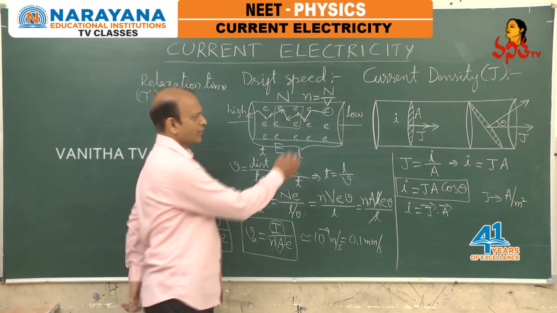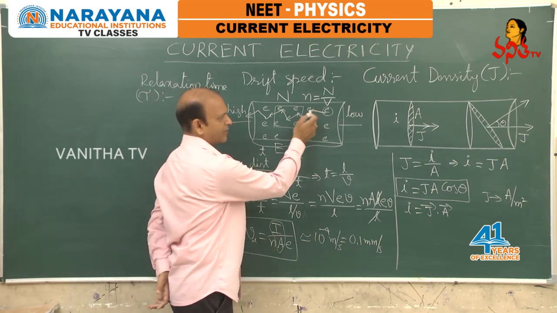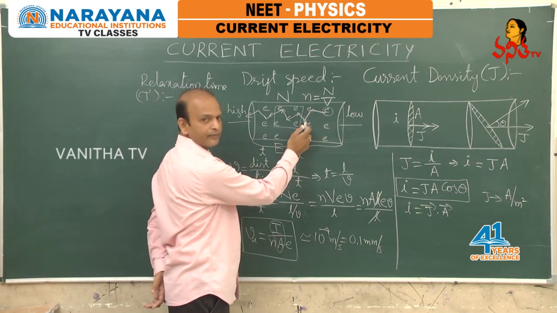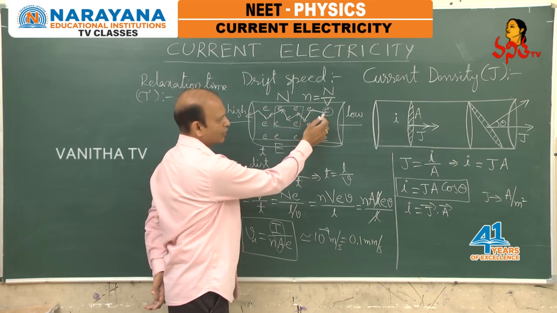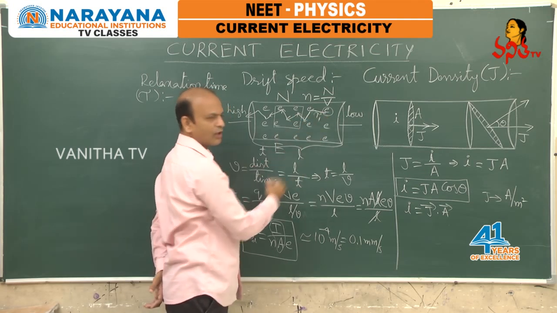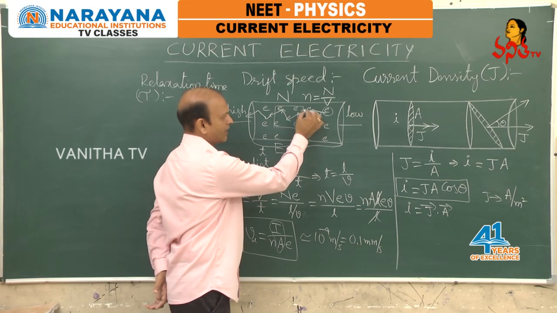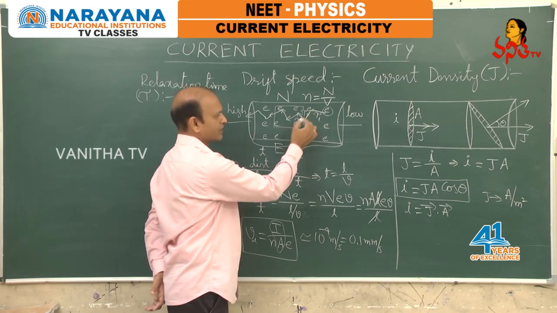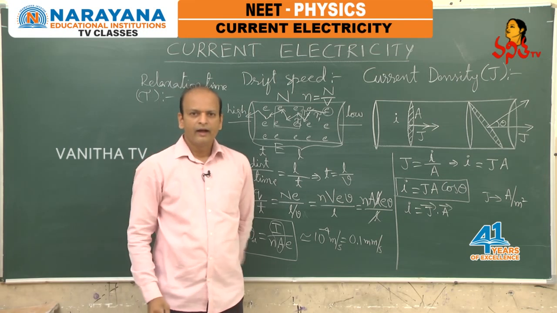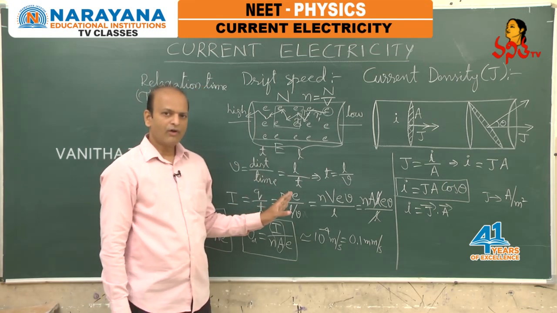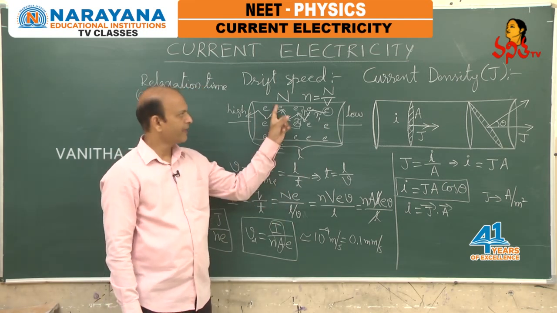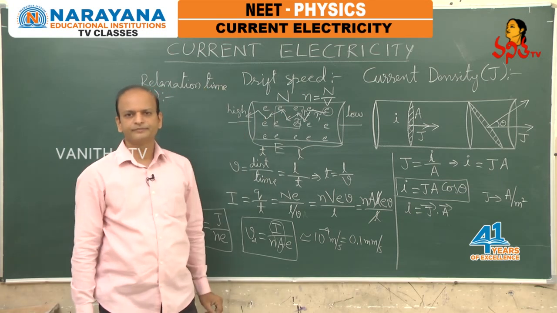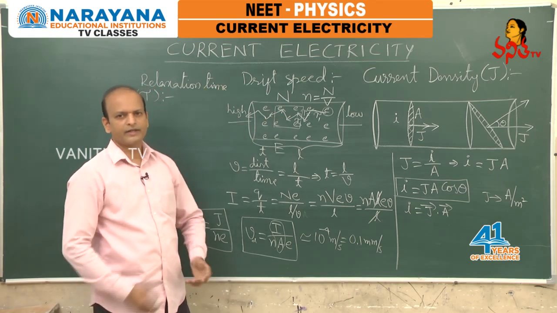So, here a collision takes place, the next collision takes place here, the next collision takes place here. This gap you can call tau 1, the next time interval tau 2, the next time interval tau 3, and so on. The average of all these tau values is the relaxation time. How to get this?